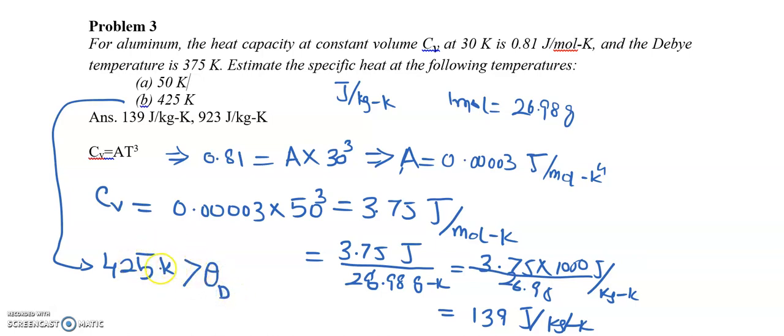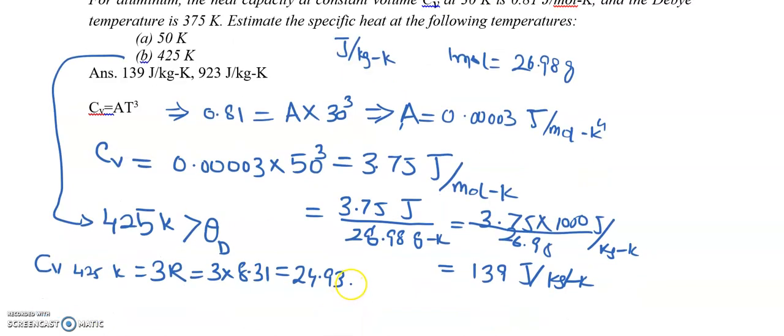Since it is higher than the Debye temperature, the specific heat at constant volume at 425 Kelvin will be approximately equal to 3 times the gas constant. 3 times 8.31 in joule per mole is 24.93, and then similarly we can divide it by 26.98 and multiply by 1000, so we will get an answer equal to 923 joule per kilogram Kelvin.